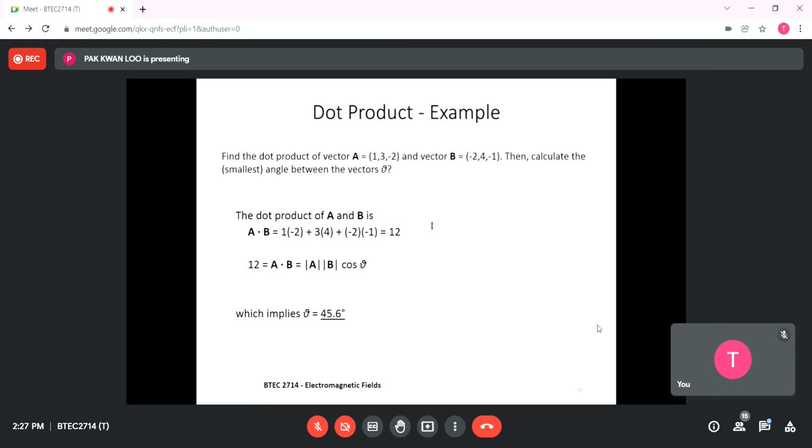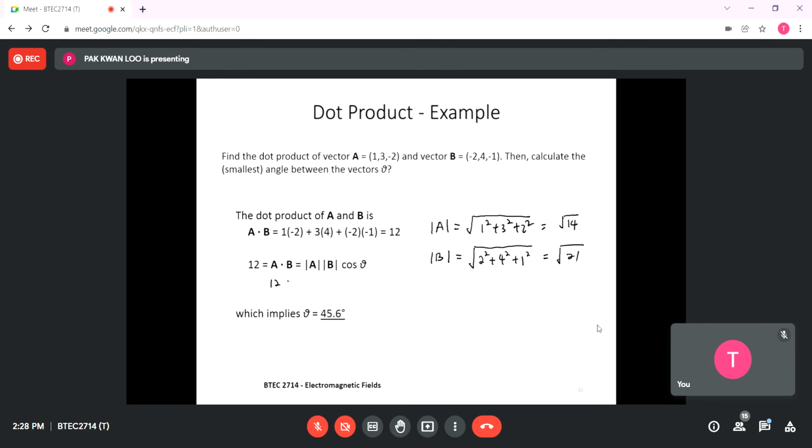Magnitude of A is the square root of 1 squared plus 3 squared plus 2 squared. So this is the square root of 14, right? And magnitude of B is the square root of 2 squared plus 4 squared plus 1 squared, so this is the square root of 21.